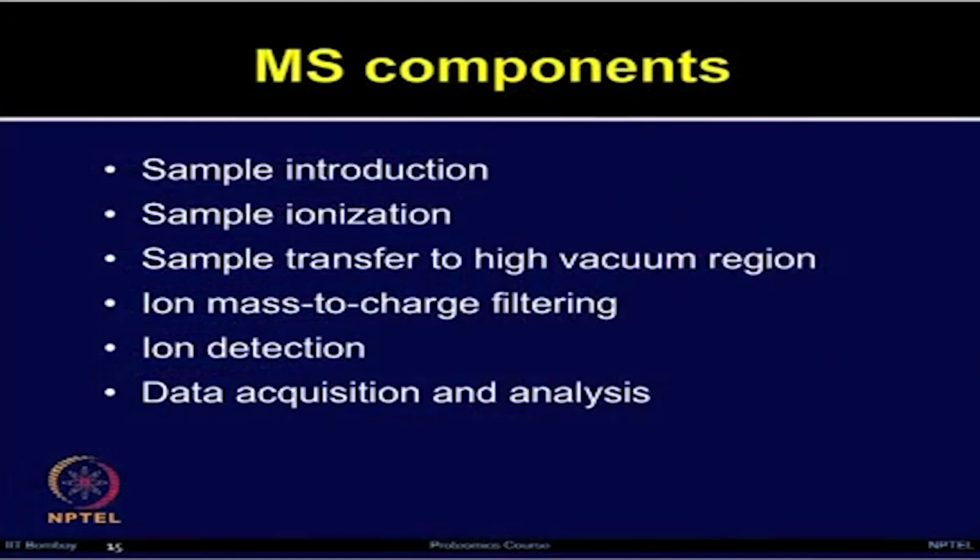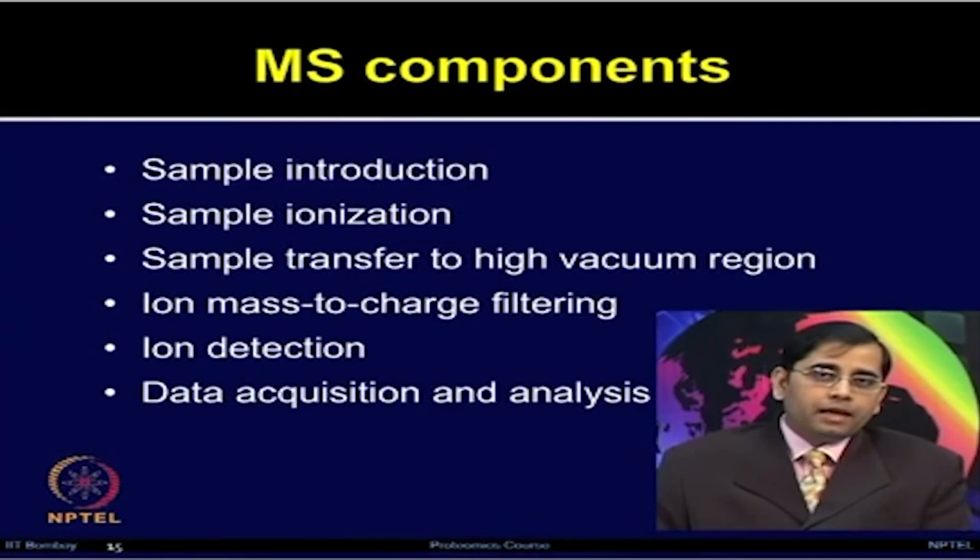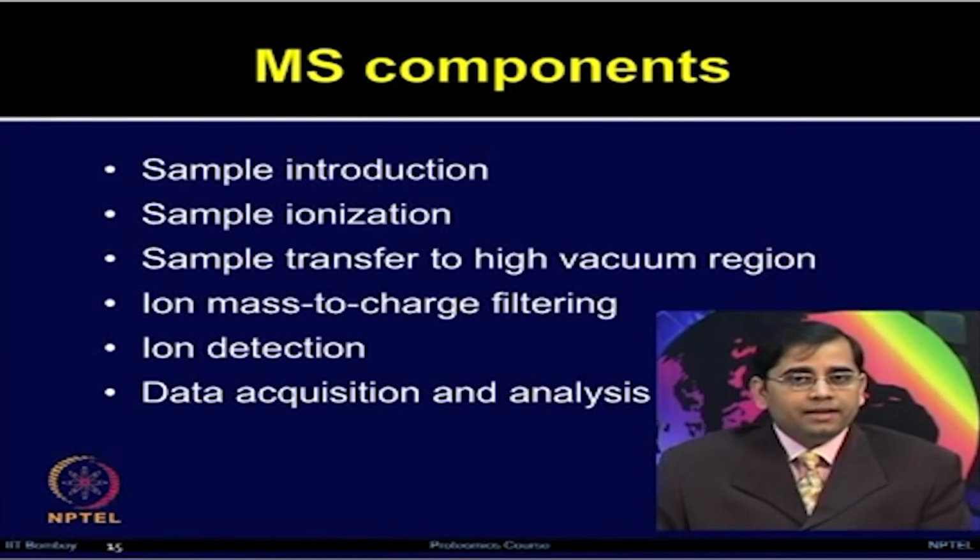Sample ionization, the various types of ionization sources currently available. Sample transfer to the high vacuum region. The ion mass to charge filtering can be performed by the mass analyzers, ion detection by using detectors, and then data acquisition and analysis by using the data system. All these are an integral part of the MS components.